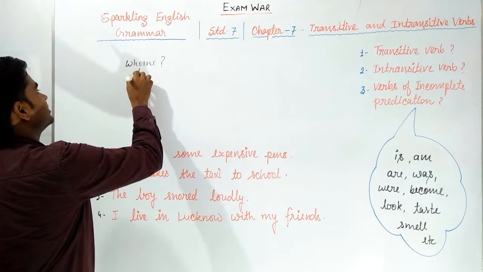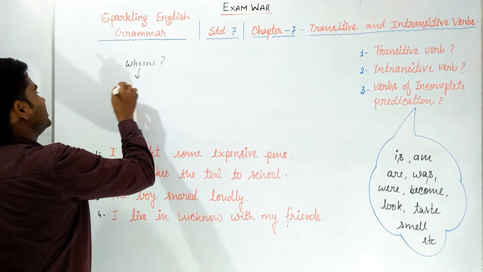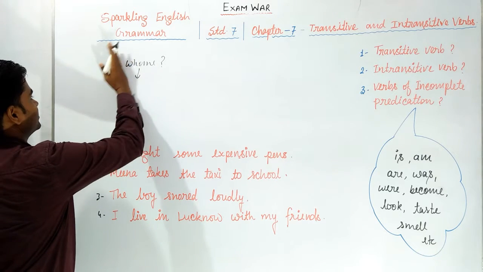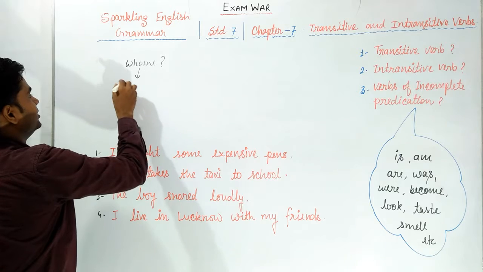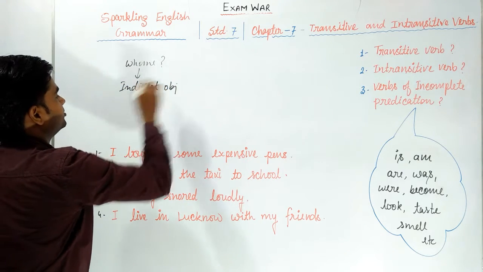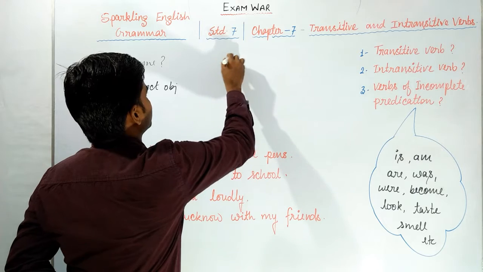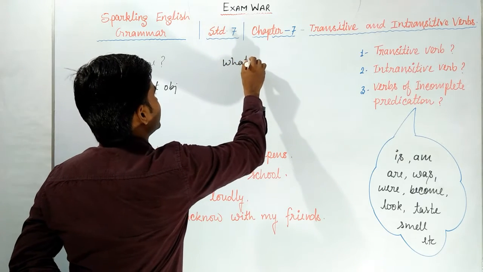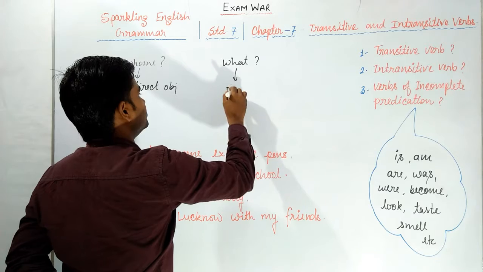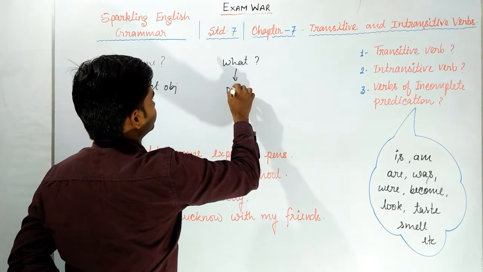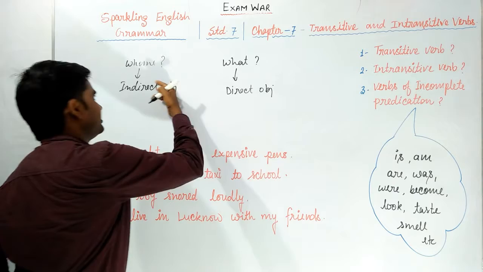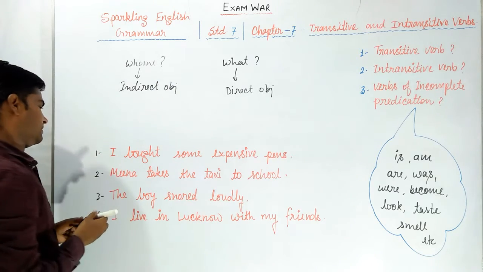Whom will give us a living object, the indirect object. If I ask what, it will give us the direct object. Now ask these questions from these sentences.